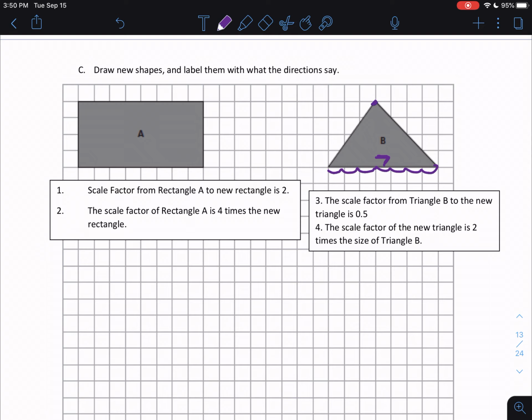So I need to know how far away it is from the edges of my triangle. This is 1, 2, 3, and then the other one would be 4, and the height would be 1, 2, 3, 4. Okay. So number 3 says the scale factor from triangle B to the new triangle is 0.5.